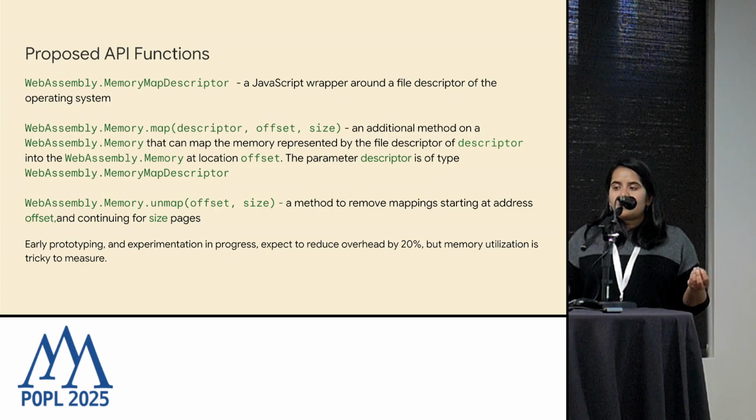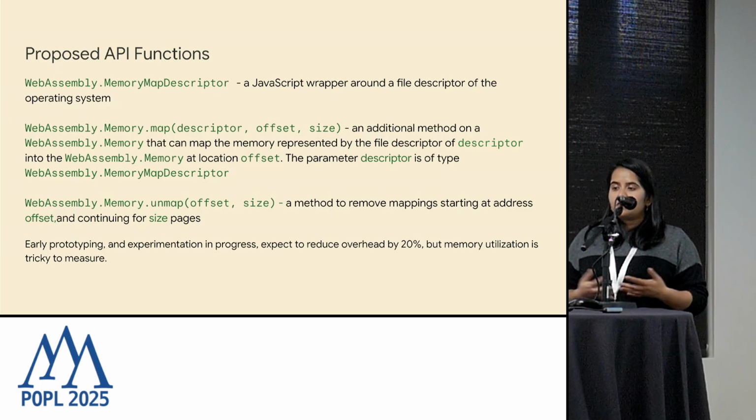So what you see here is what we're looking to introduce are a few different things. A memory map descriptor, which would be a JS wrapper around a file descriptor of the operating system. Which could then be passed into memory.map, which is an additional method on the WebAssembly.memory that can map the memory represented by the file descriptor.